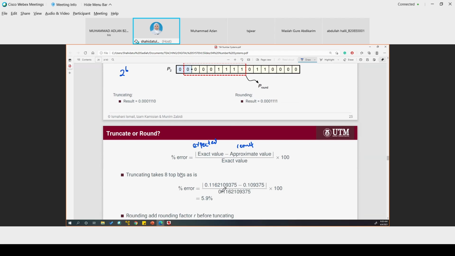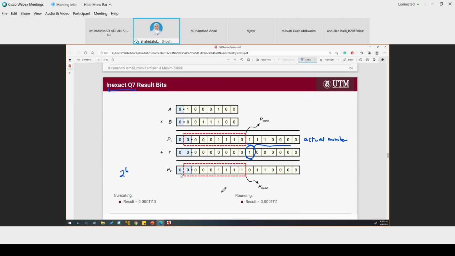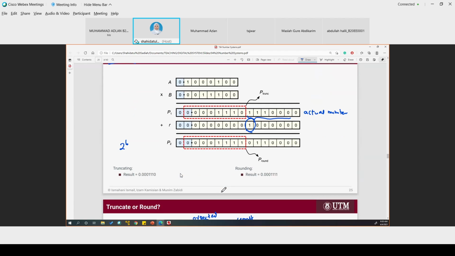So what is this? 0.11. I think what is this value? Oh, okay. So this is 0.1000100 in binary.